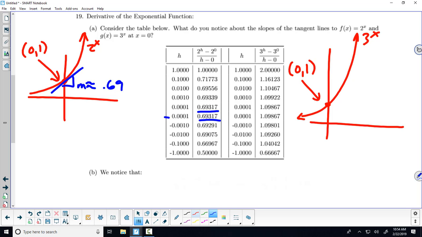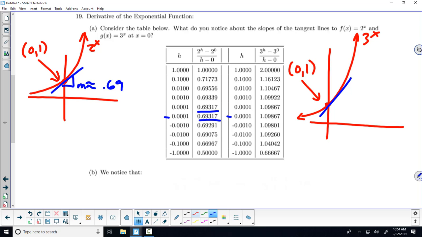All right. Let's draw this tangent line right here. Okay. As I bring my h value closer and closer to 0, I'm getting a better and better approximation of the slope of this tangent line. Okay. And as I come at it from the other way, I'm getting a better approximation. This should have a minus sign there. Don't worry, I fired my table guy last semester, so it shouldn't happen again.